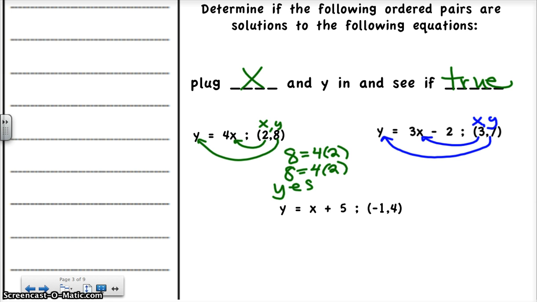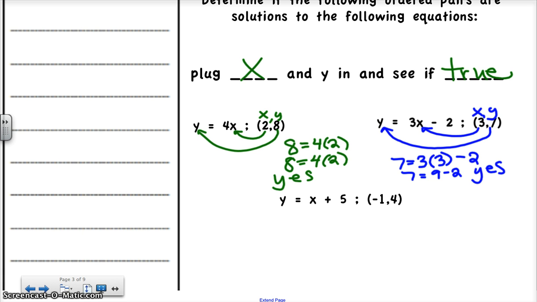Plugging in, just plugging in what I have. y, but y is 7. Does 7 equal 3 times x? x is 3, minus 2. Does 7 equal 9 minus 2? Yes, it is a solution. The ordered pair (3, 7) satisfies this equation. Satisfies, makes it true.